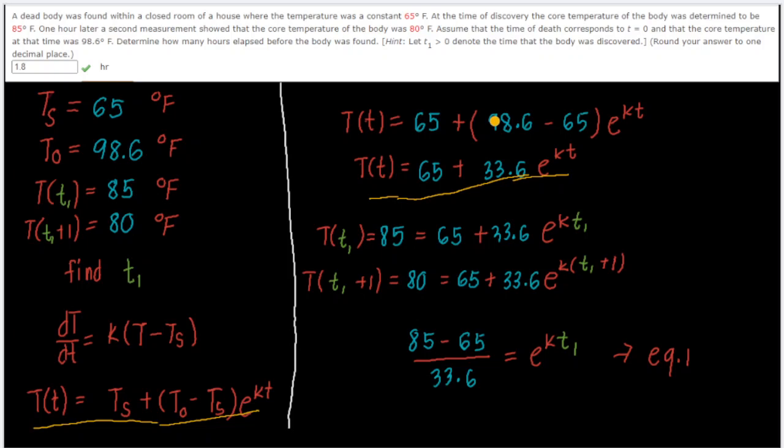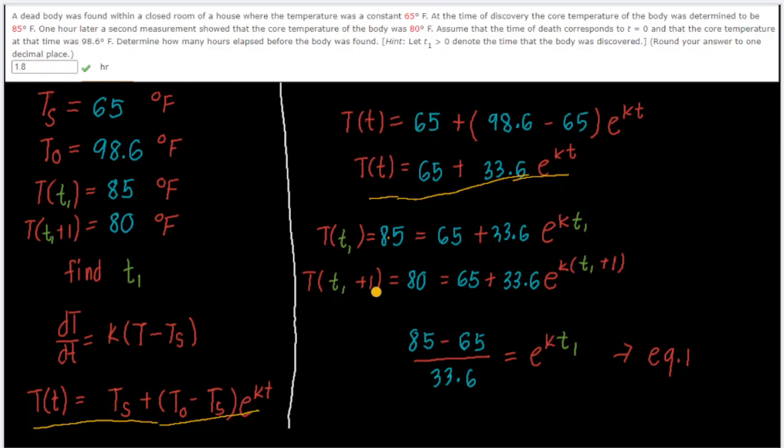Now, let's substitute these values. T of t1 is equal to 85, since the dead body has a temperature recorded of 85 degrees Fahrenheit when t is equal to t1. So we have 85 equal to 65 plus 33.6 e to the k t1.